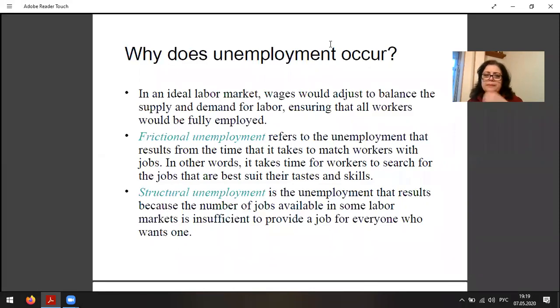And the situation describes a labor market where not all job places are available for everyone who wants to work. Structural unemployment requires new professional skills, and it takes time to get new professional skills.